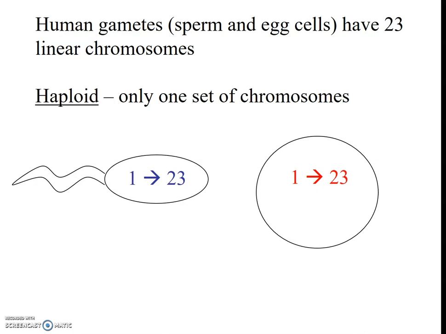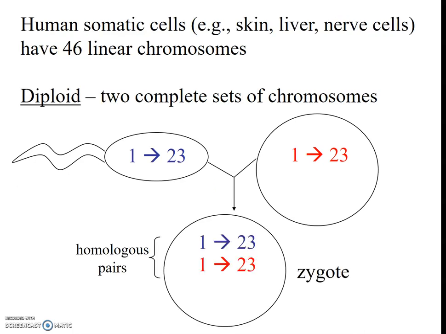When we're talking about egg and sperm, it's really important to recognize that each of them is going to have 23 linear chromosomes. And when those two come together, we are going to form what we call a diploid cell, or the zygote, which is also known as the fertilized egg. So when the fertilized egg is formed, we're going to have one entire set of chromosomes coming from dad, and one entire set of chromosomes coming from mom.